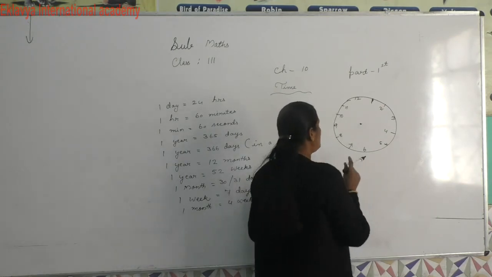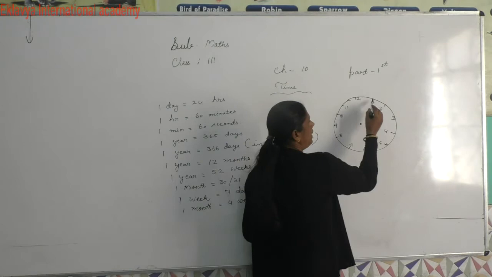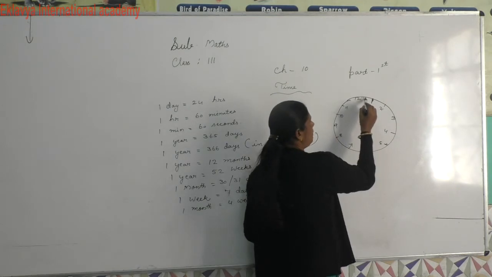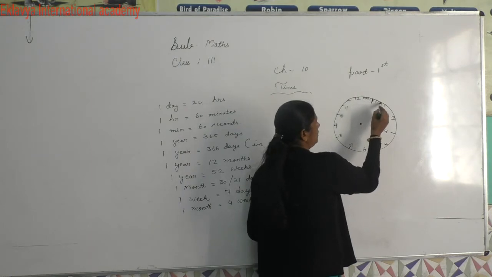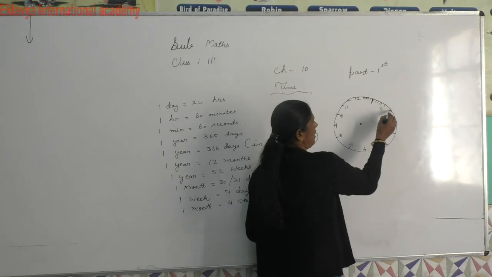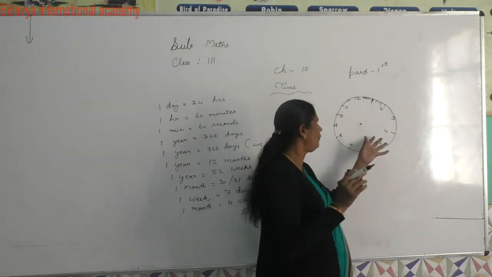Okay? This is a small 5 line. All are in the table of 5.